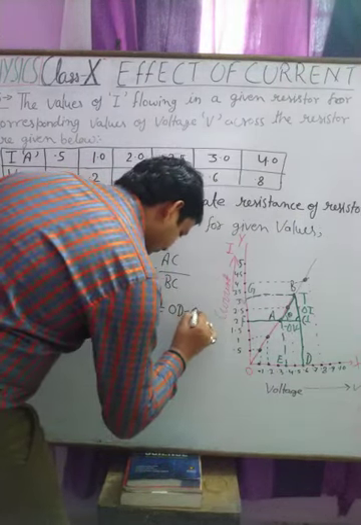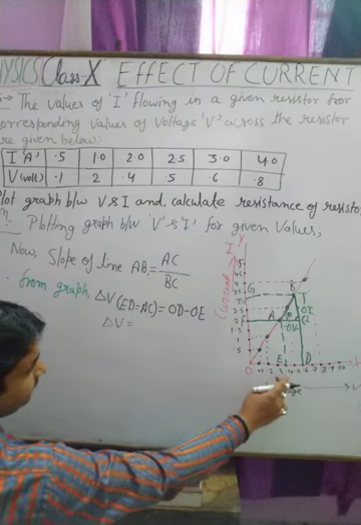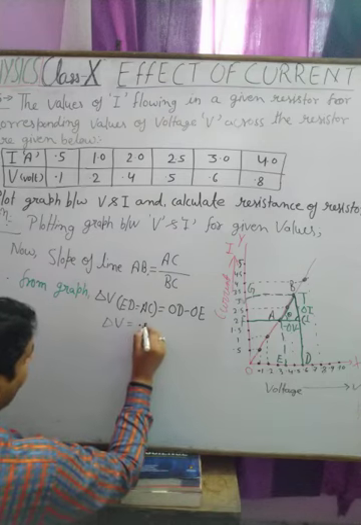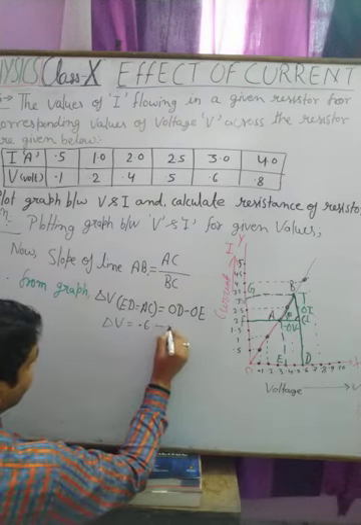Okay, that is the value of del V is 0.6 minus 0.4, which is 0.2 in volt.